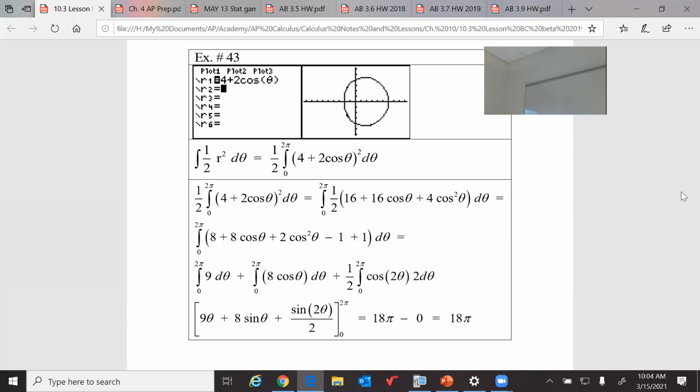So you need to look at your work and look up there and see if your work diverged from what's up there.